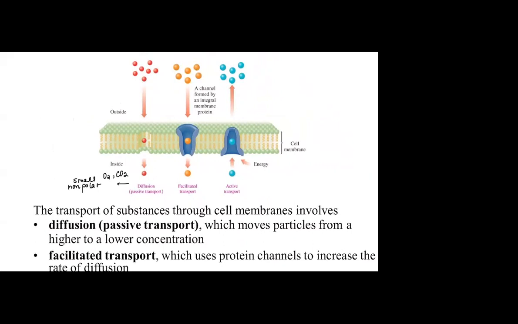There is a special polar molecule that can also diffuse into the cell. And I haven't found any other examples other than this small polar molecule that can actually undergo diffusion. The other molecule that can undergo diffusion is going to be one of the most important compounds that we know to date, water.